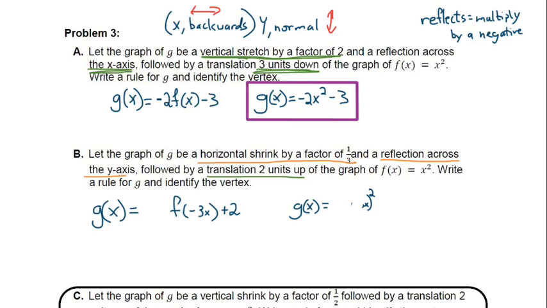Actually, why did I put it way over there? There's nothing in front of the x squared, so I can go over here. Negative 3x squared plus 2. And there you have it.